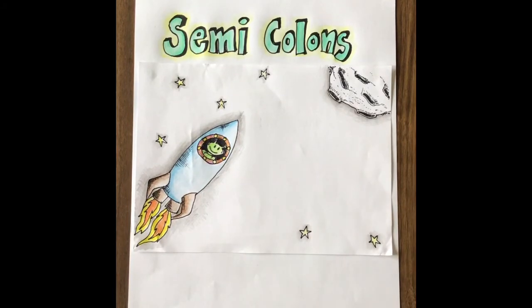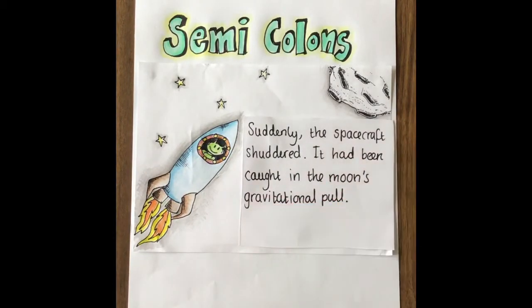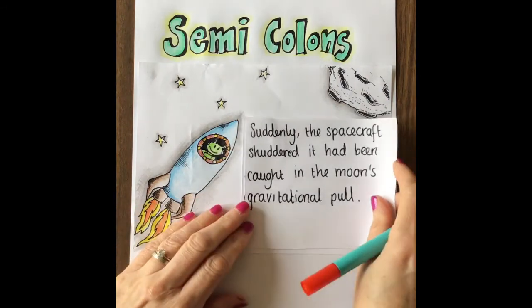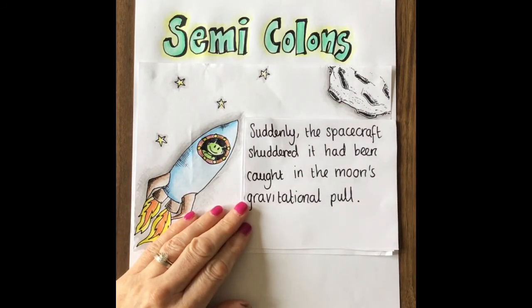Next extract. Suddenly, the spacecraft shuddered. It had been caught in the moon's gravitational pull. This time, you've got two sentences. Where does the semicolon go? Hopefully, you realise that the semicolon would join together the two sentences.